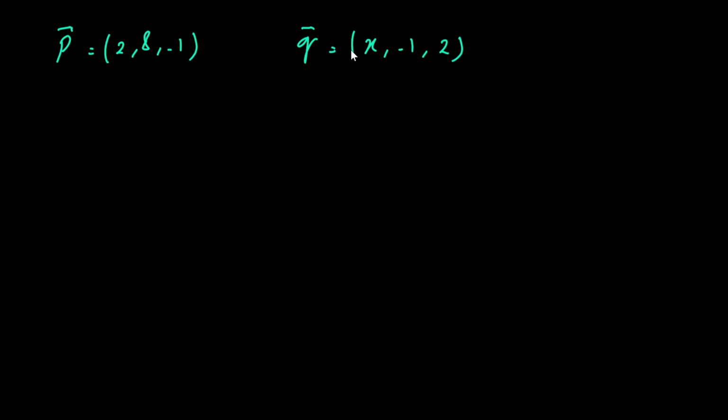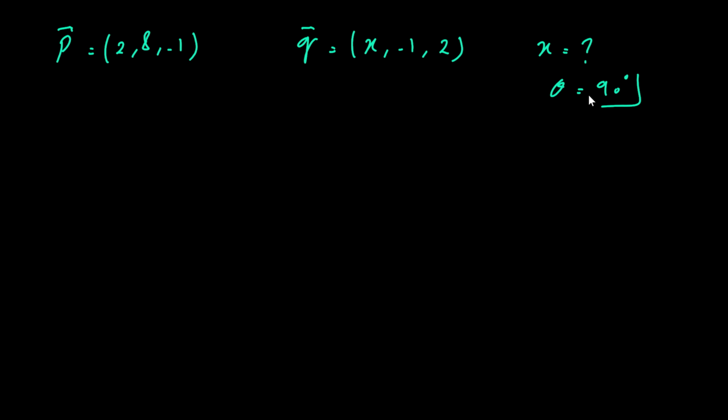The question is, for what value of x will theta be equal to 90 degrees? That means we want to make these two vectors orthogonal to each other. So what should be the value of x?